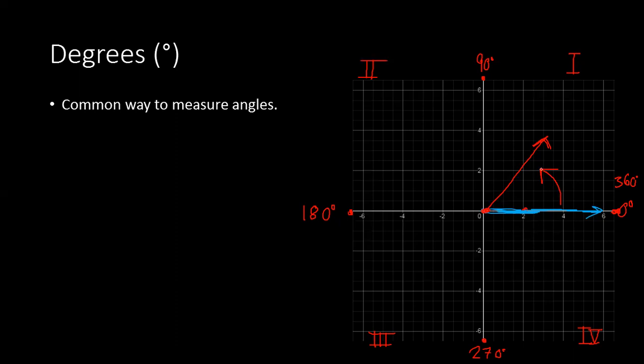For example, from here to there, you form an angle of, let's say, 46 degrees. That means that angle is located at the first quadrant.